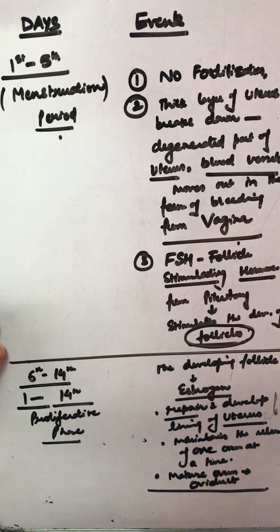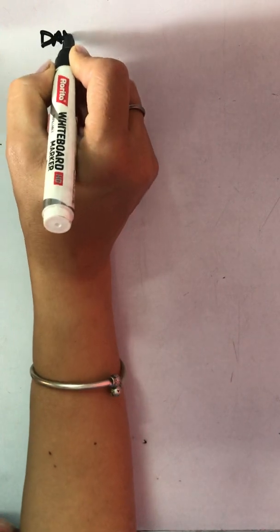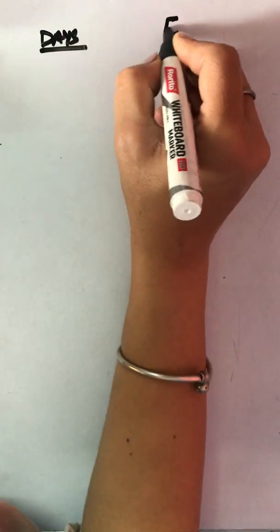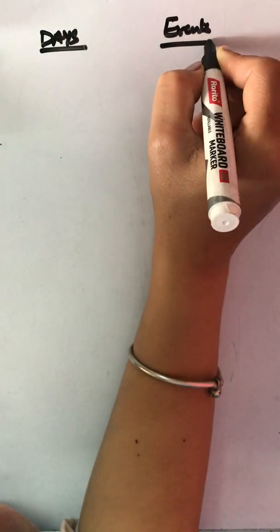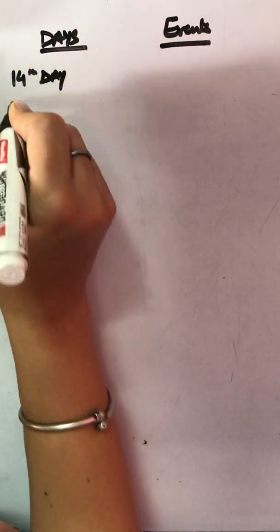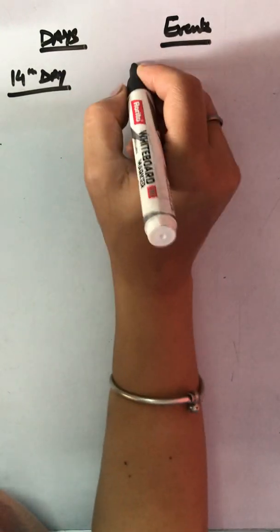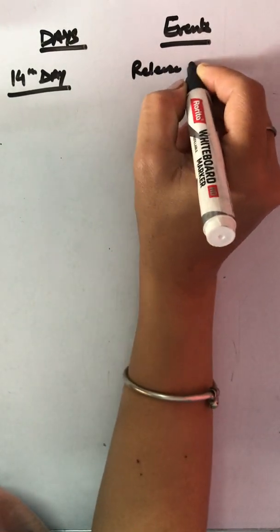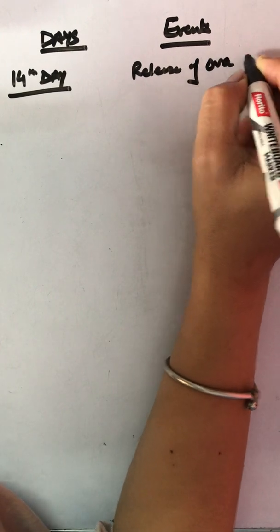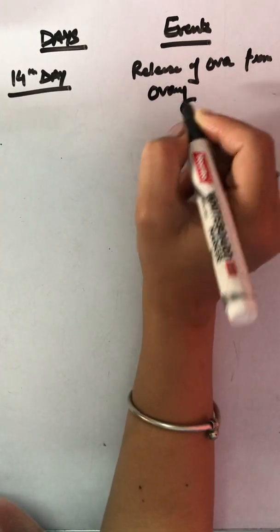What happens on the 14th day? Same way we will write days here and events here. Now, 14th day. On this day, release of ova from the ovary takes place.